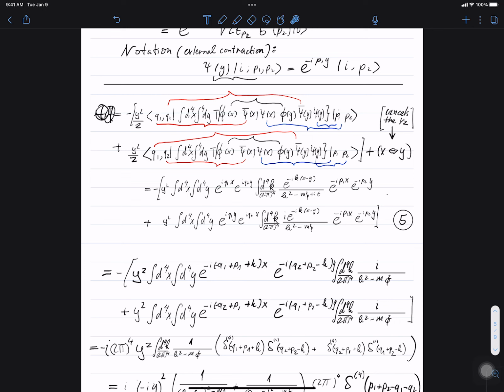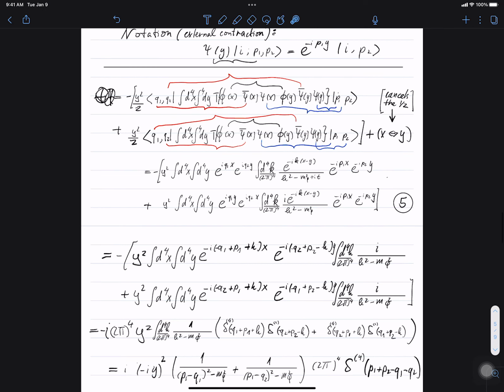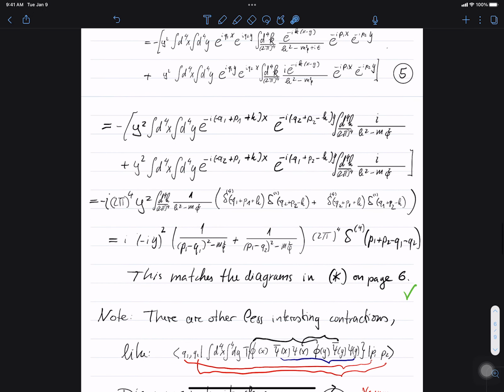The Wick contraction gave us the Feynman propagator, which is the proper momentum space representation with this exponential function and the integral over k, and then we have also the integrals over the spatial coordinates x and y. So now grouping the terms, we can get a total e to the negative i (k minus q1 plus p1) times x, and another e to the negative i (p2 minus q2 minus k) times y.